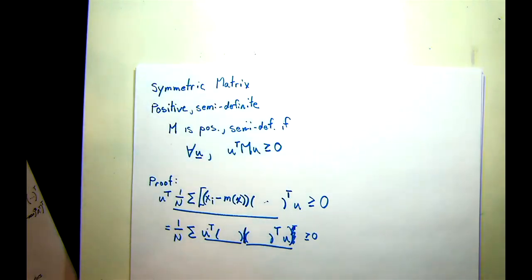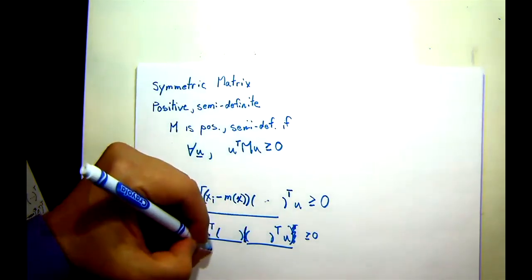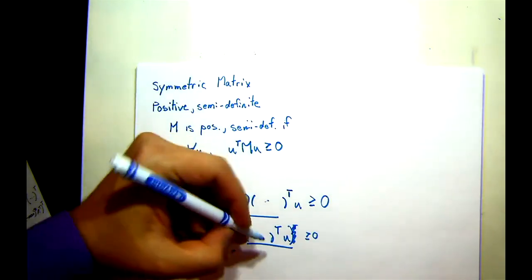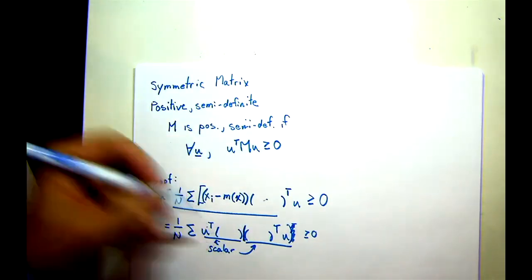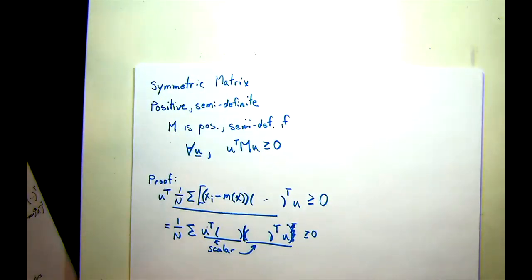A dot product of the vectors is going to result in a scalar, and they're going to be the same scalar. So now we have a sum of squares, and sums of squares are always greater than or equal to 0, because if you square any number, you're going to get a non-negative number. So that's the proof of it being semi-definite.